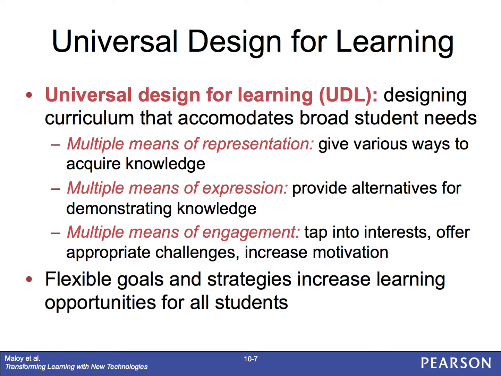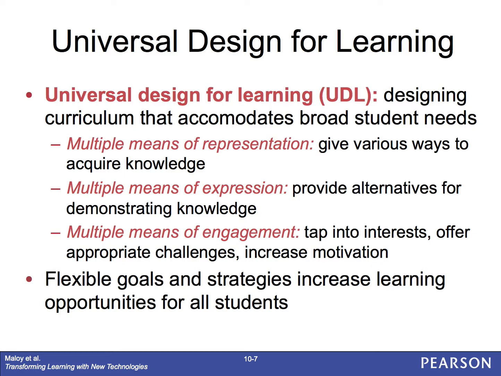So multiple means of representation: try to give various ways to acquire knowledge. Multiple means of expression: provide alternatives for demonstrating knowledge, and that can be through Prezi, through PowerPoint, through a movie, through a number of different technologies. Multiple means of engagement: tap into interest, offer appropriate challenges, increase motivation.